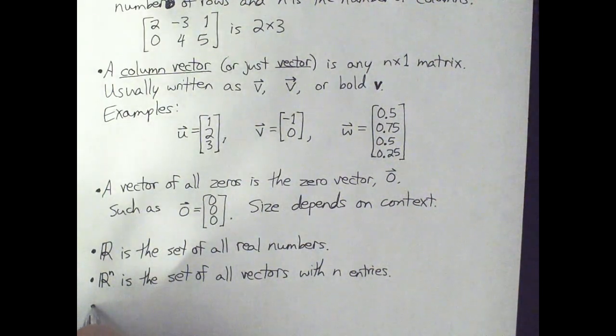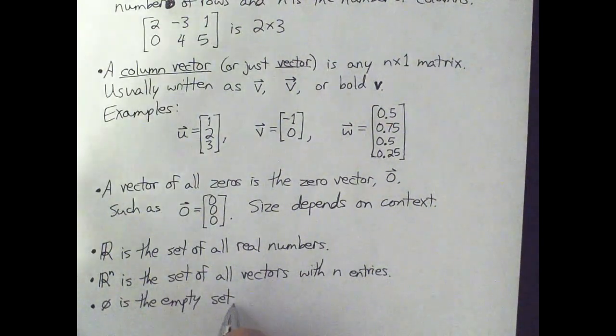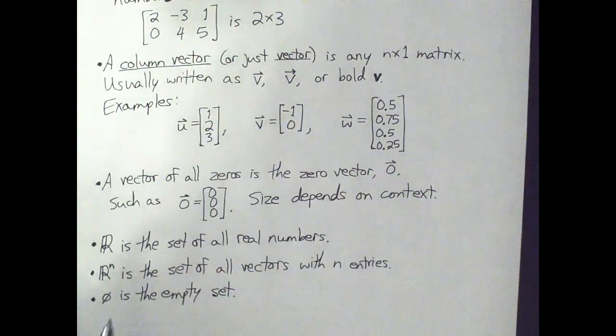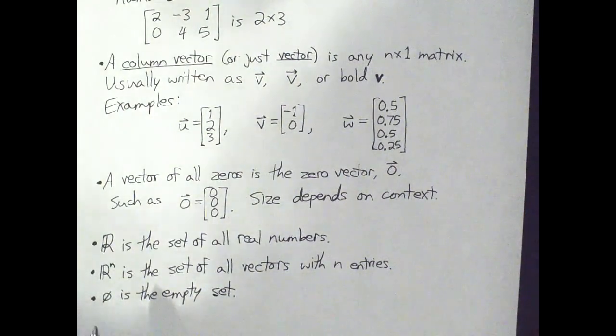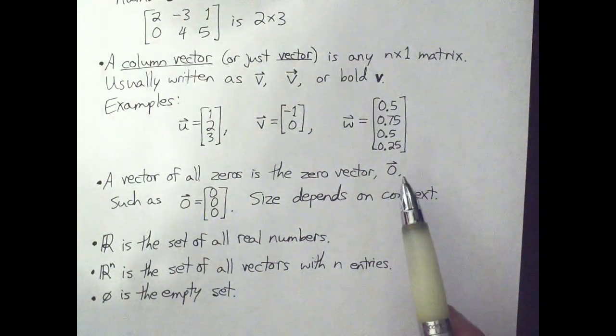And one more little symbol that you've probably seen in another class is the empty set. The empty set is not to be confused with 0 and not to be confused with the 0 vector.